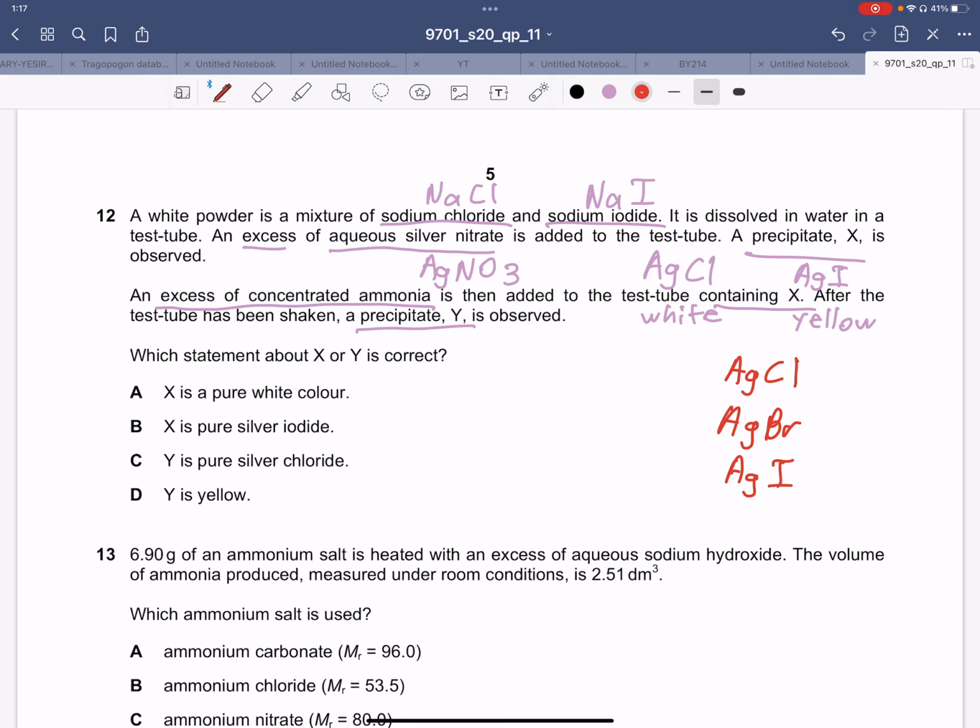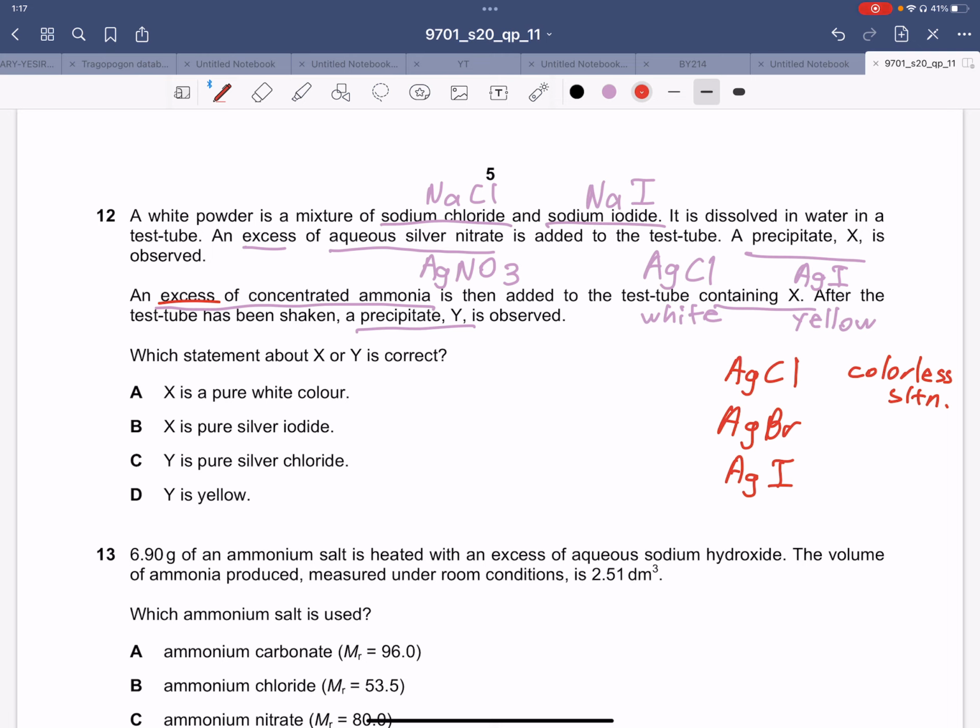What adding ammonia does, if you were to use dilute instead of the excess that we're giving here, is that dilute ammonia would turn silver chloride into a colorless solution. Colorless because it's literally like glass, just water. But really it's not, just a colorless compound.